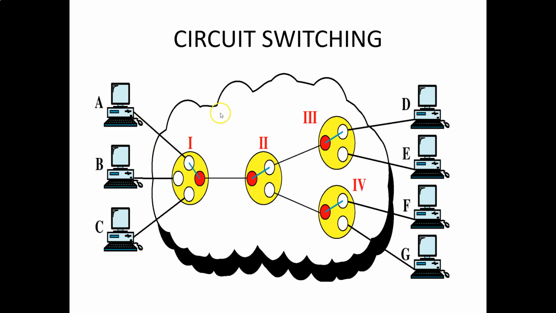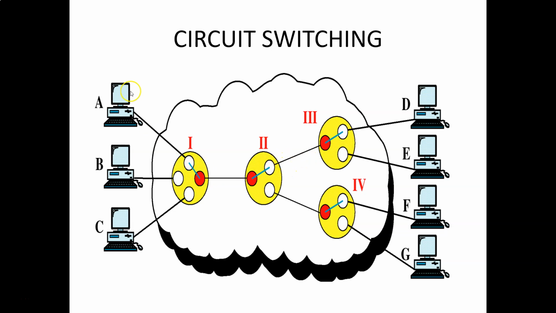Instead of wasting cable connecting each device particularly, here we have a common point connector. This is reliable for a longer distance. Here you see A is connected to node 1 and to node 2.